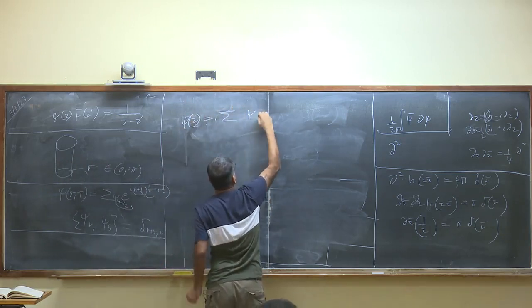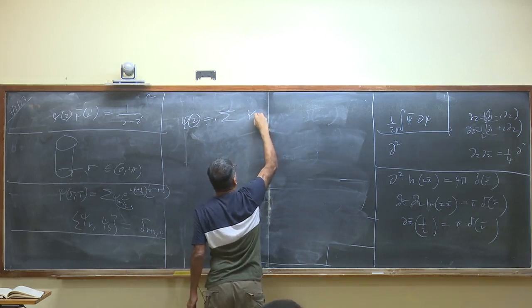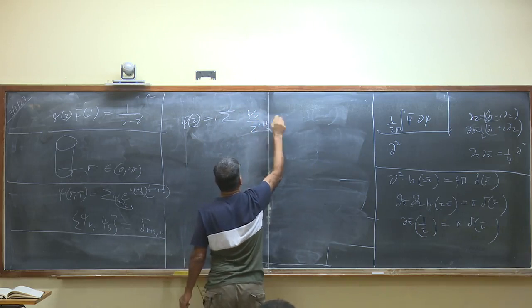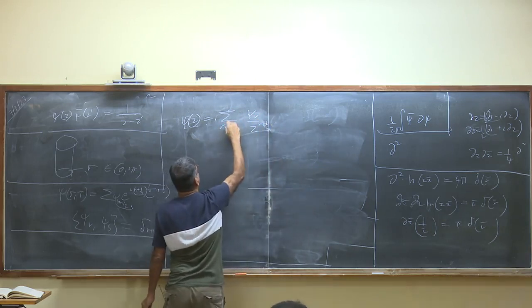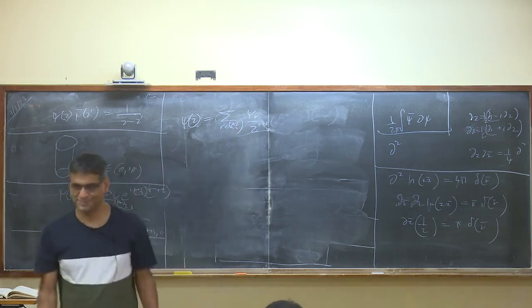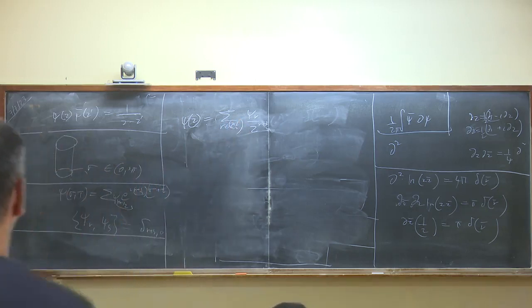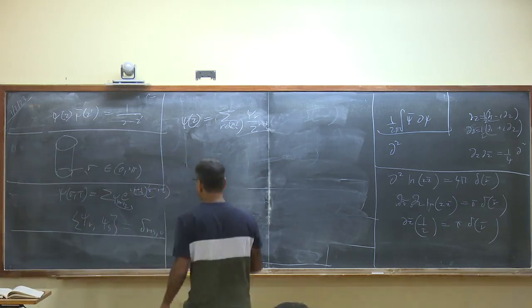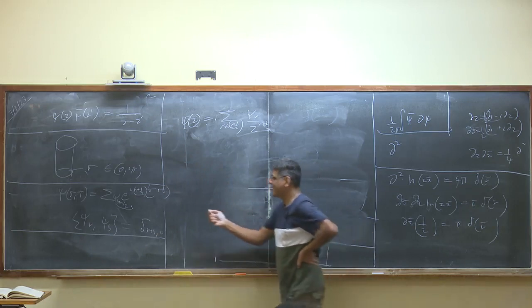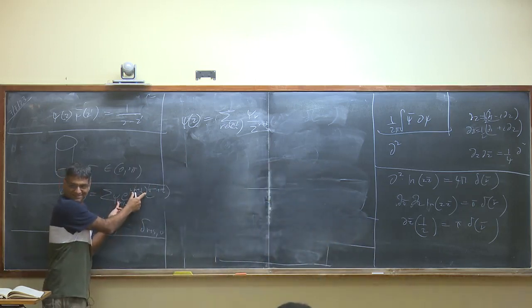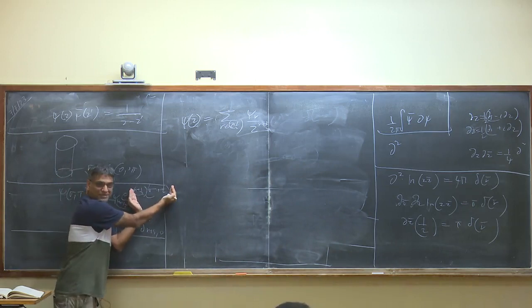This is going to become psi r times z to the power r plus half, where r belongs to z plus half. Whatever we had here is going to become the power of z.